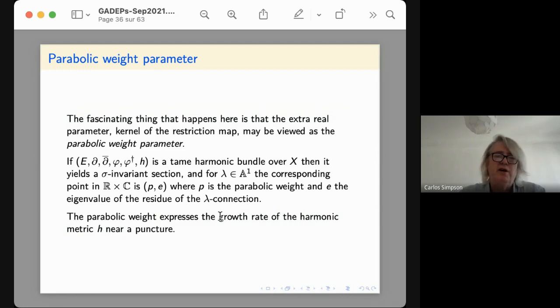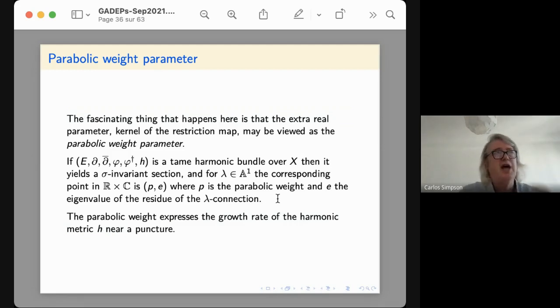I mean, in Corlette's theorem for equivariant harmonic sections applied over an open curve, say, there's a whole choice of parameter, which is the growth rate of the harmonic metric at the puncture points. And that parameter is viewed as the parabolic weight.